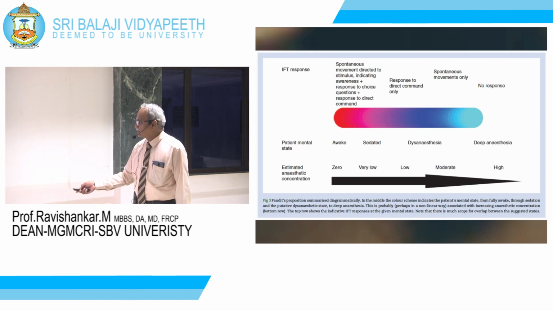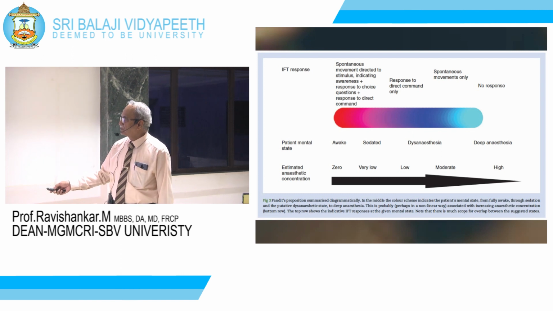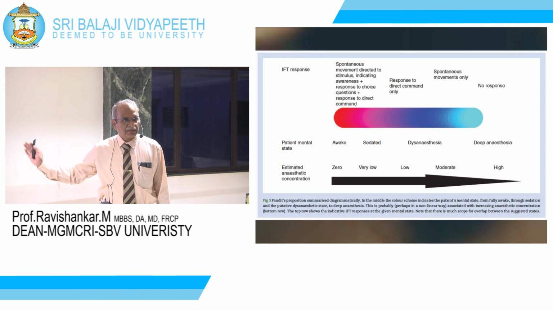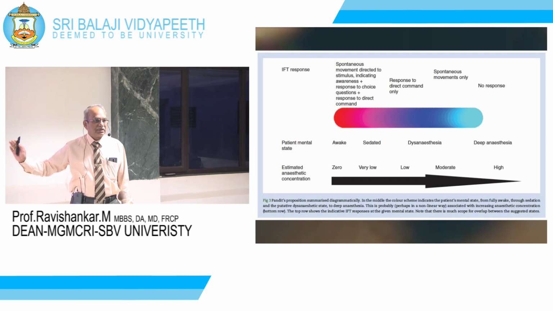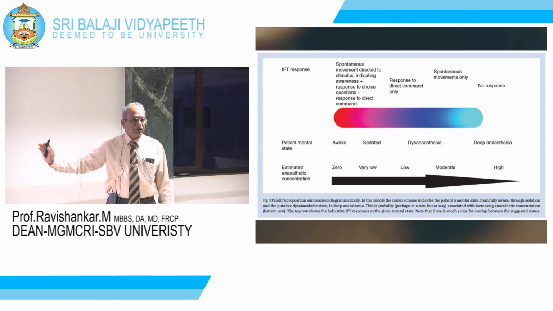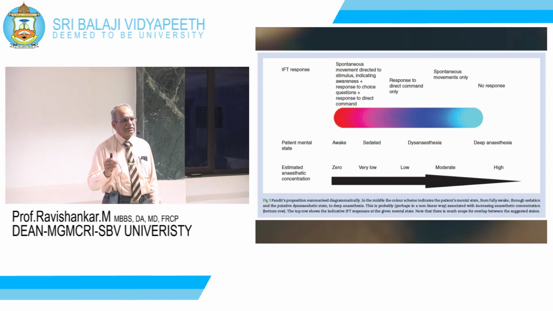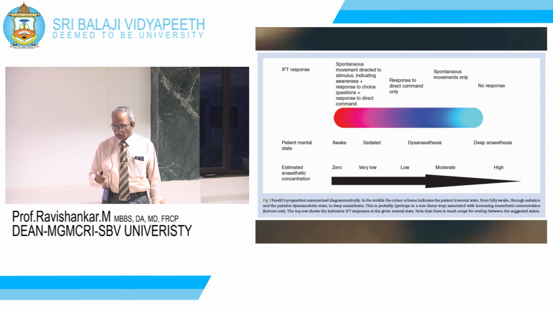So this is the estimated anesthetic concentration, and this color indicates the progression from the conscious state to the no response state. That is what they finally put up. So interpretation of the isolated forearm technique also needs a little more refining to say whether the patient is having a recall or not.